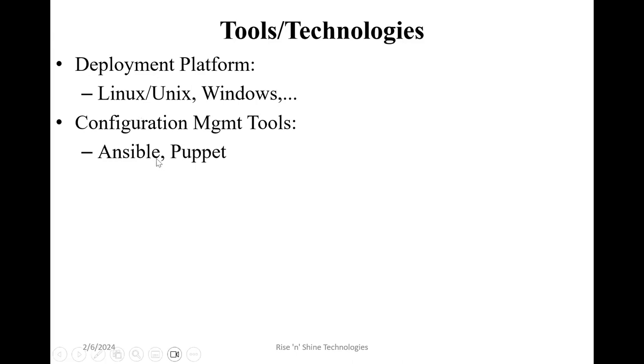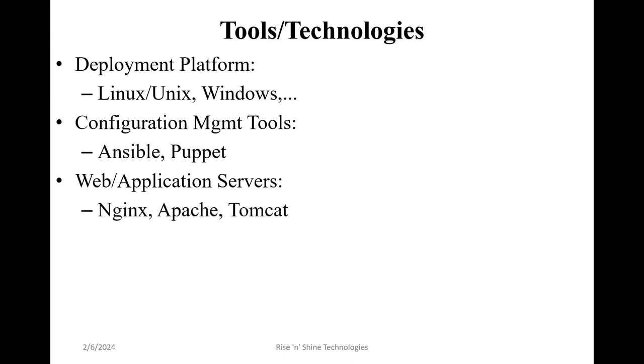That is the beauty of these configuration management tools. How fast we deliver is important. And web or application servers, which we should know, that is deployment servers, right? That is Tomcat, Apache, Nginx. We have web servers and app servers.